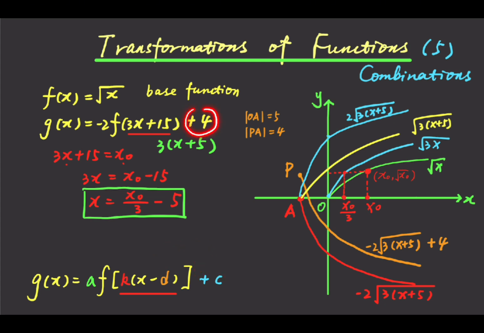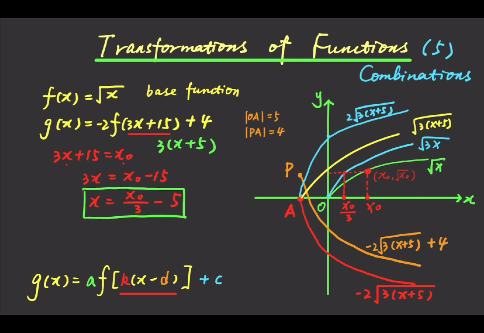Here, it is just like C. Before this, we need to consider this negative 2. It is just like this A. So A equals negative 2, plus C. On the basis of this expression, if C is greater than 0, like here 4 greater than 0, so plus C, meaning plus 4 in this example. This is the transformation from this base function to the transformed function.